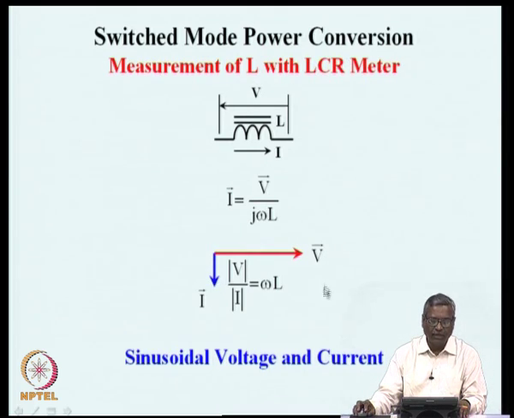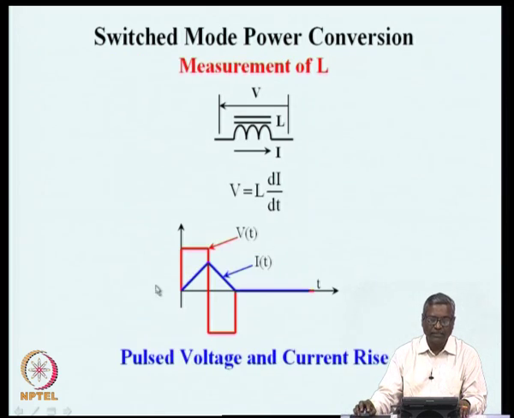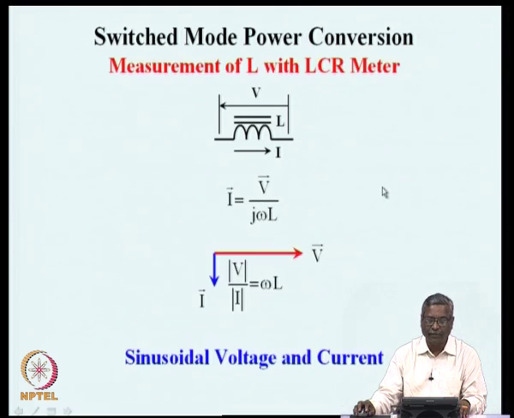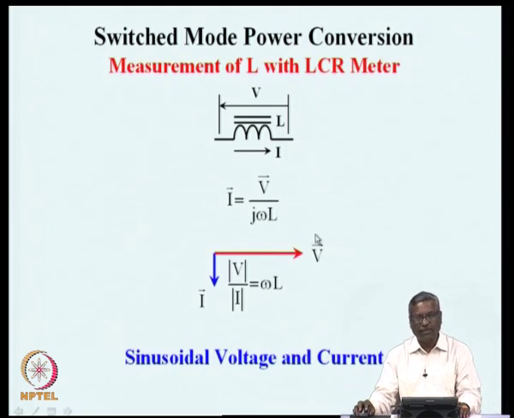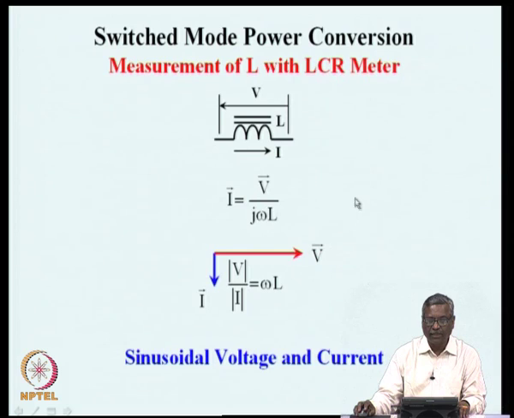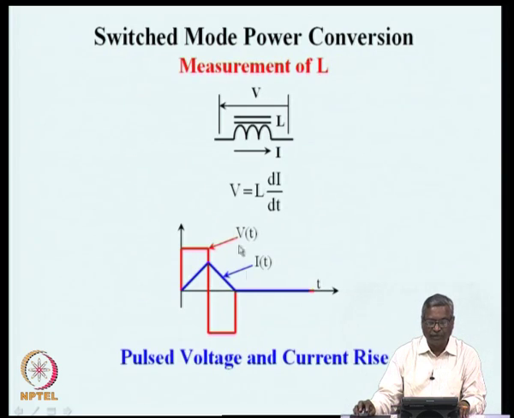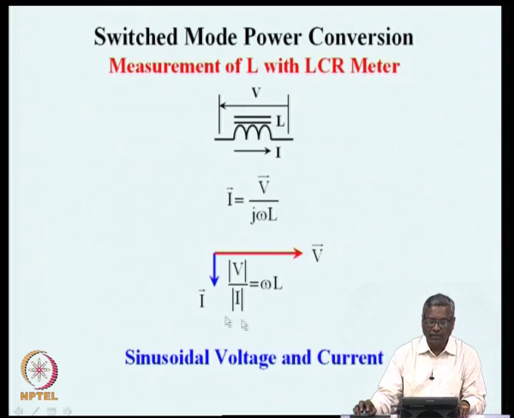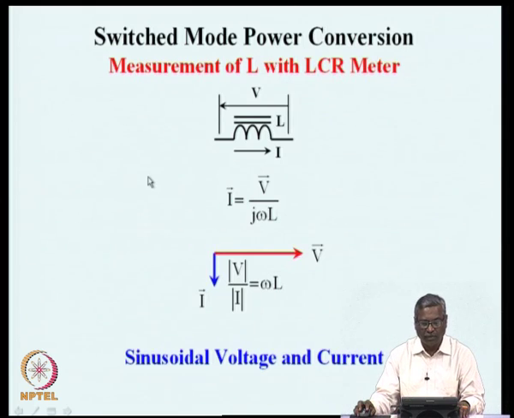On account of that, the inductance measured with an LCR meter is not as reliable as the inductance measured by this direct V and di by dt method. So, for power electronic applications, normally the first method is preferred. You might use an LCR meter just to cross check the numbers whether they are okay, but the results obtained by the pulsed voltage and current rise test is a more reliable test.